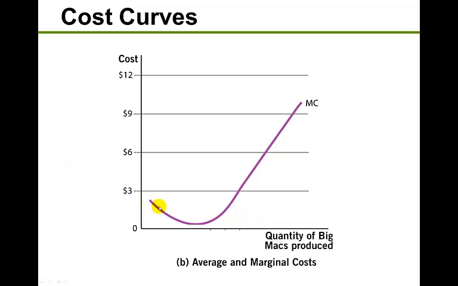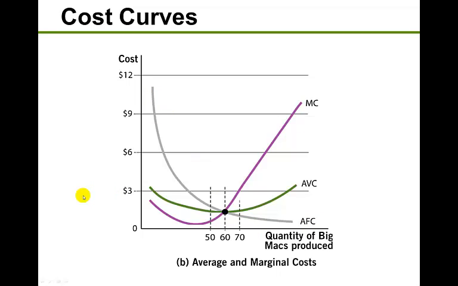Here it is, it's U-shaped. It has a minimum of $1, and then it goes up. Here we can graph average variable cost. Here we can graph average fixed cost, always decreasing. And then we can graph average total cost.